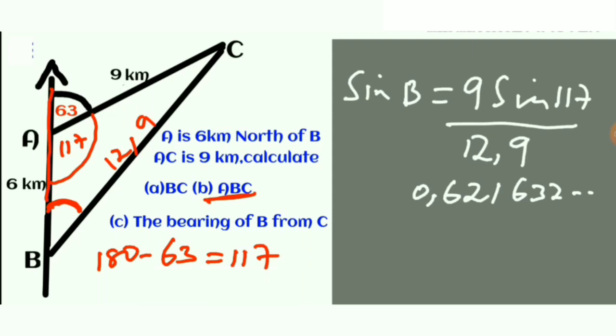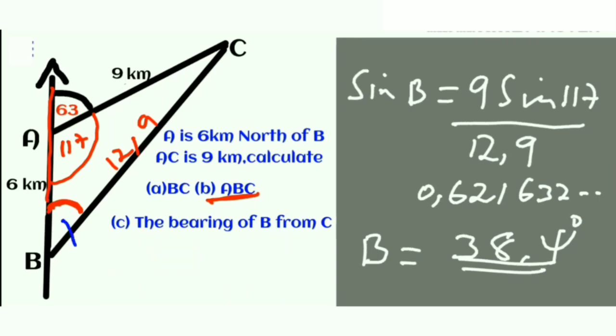The answer here equals 38.4 degrees. Okay, so angle B equals 38.4 degrees. So this angle is 38.4 degrees. All right. So the next question, the last question, in fact, the bearing of B from C.